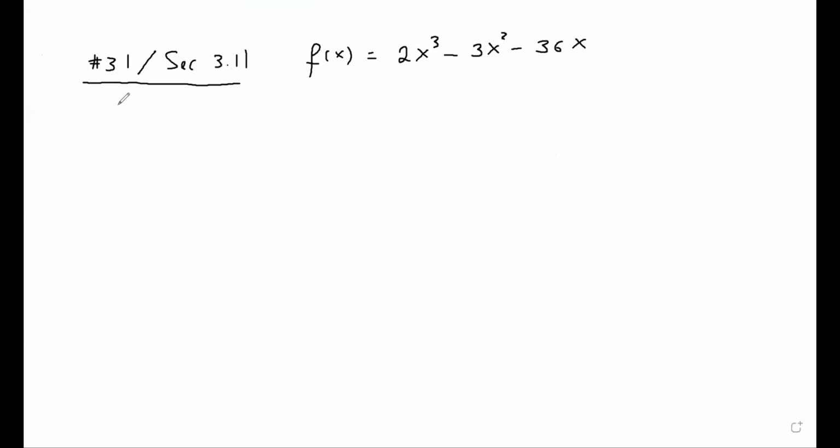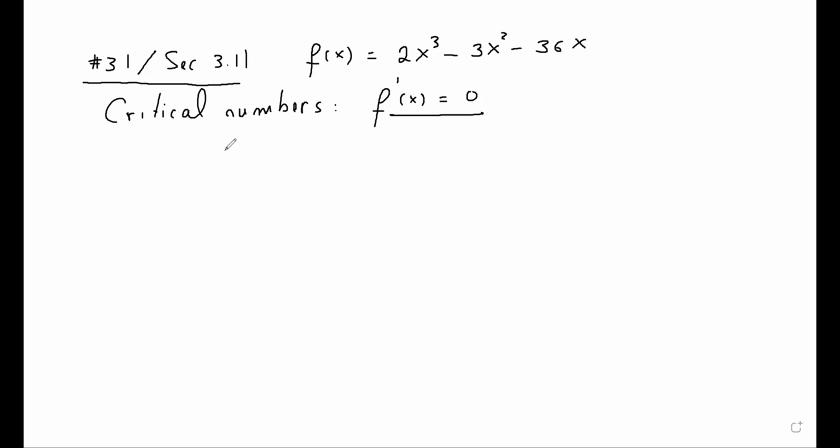So the critical numbers, as I told you folks, are the numbers where the derivative is equal to 0. That's what you have to do: set the derivative equal to 0. And it's nothing easier than this.